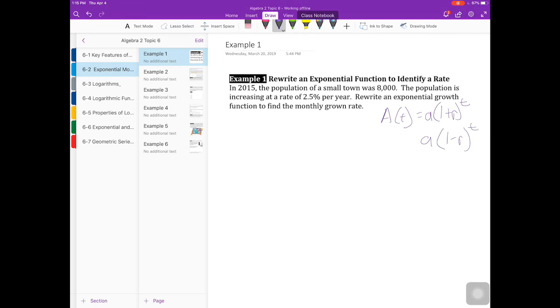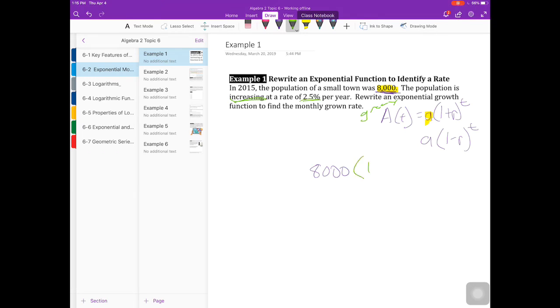So this one says in 2015 the population of a small town was 8,000. Now remember, that is our starting rate. So that 8,000 is our A because that's where we started off. So I'm going to go ahead and put that 8,000 in for our A. And it says the population is increasing, so that means we're going to be doing the growth model here at a rate of 2.5% per year.